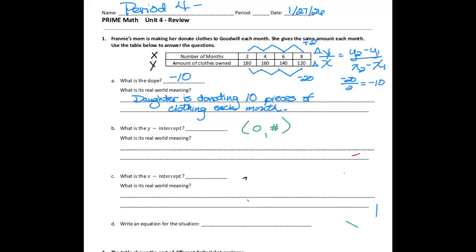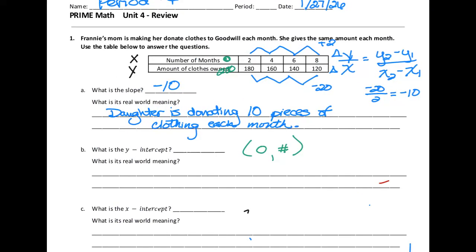Because at month 0, if you subtract 200 minus 20, that would be 180. So if I need to get to 0, I need to go back on my table a little bit more. I need to subtract 2 to get an x value of 0, which means I need to add 20 to get the full amount of 200. So the y-intercept is 200.